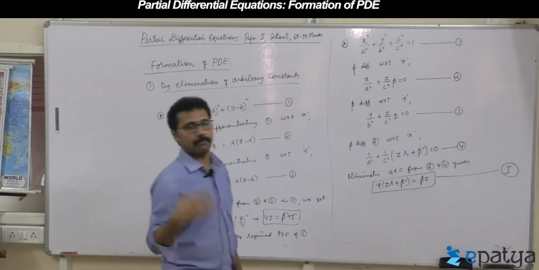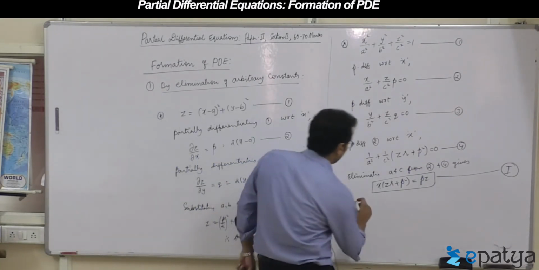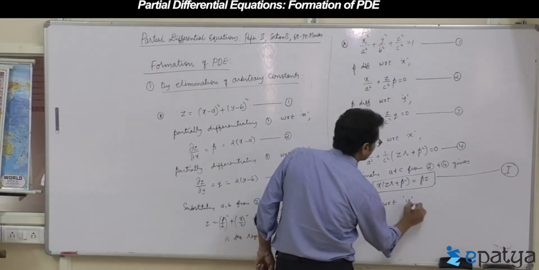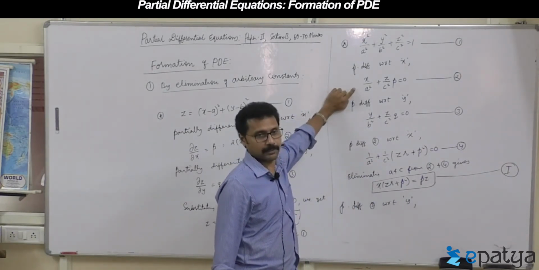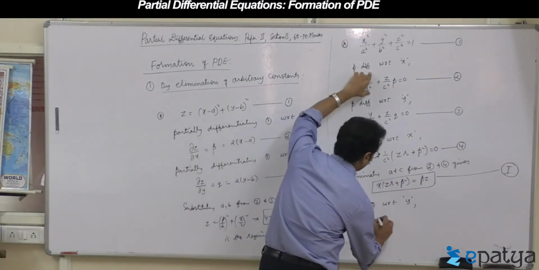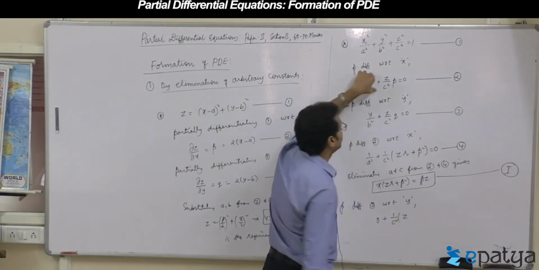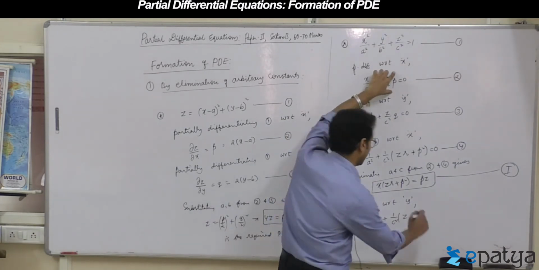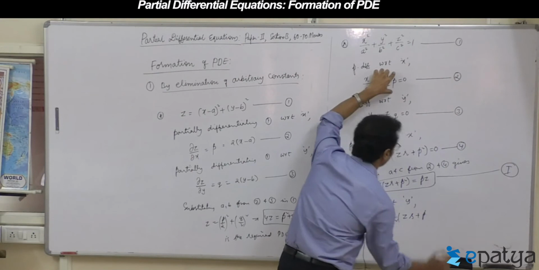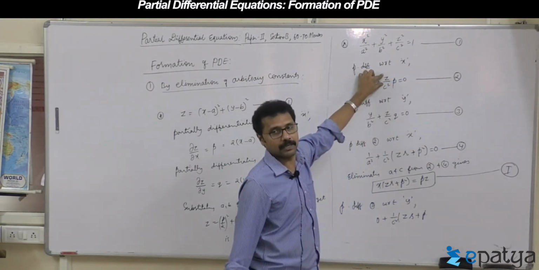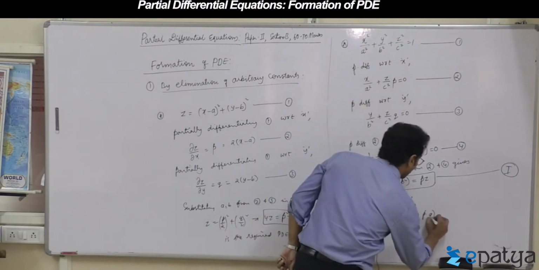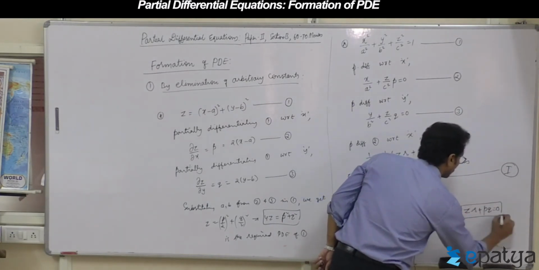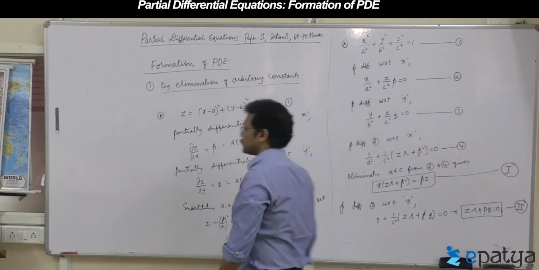But along with that, you can have multiple other partial differential equations also. For example, partially differentiating 2 with respect to y, suppose. 2, first order one, with respect to y I partially differentiate, I will get 0 plus 1 by c square into z into s plus p into q equal to 0, which gives me zs plus pq equal to 0, which is second answer, and this also is 100% correct answer.